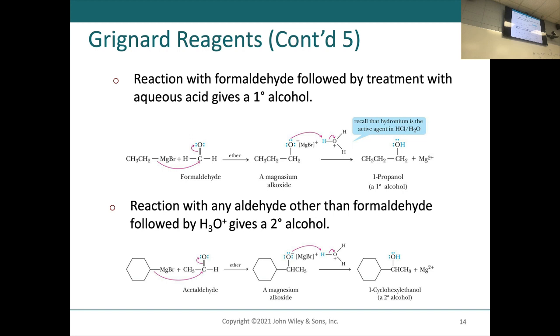Is it making the alcohol that's important? No. What's important is I'm making a bond between two carbons. That's the most difficult thing to do in organic chemistry. More Nobel Prizes have been awarded for figuring out how you can make a bond between two carbons than any other thing has ever gotten a Nobel Prize for.